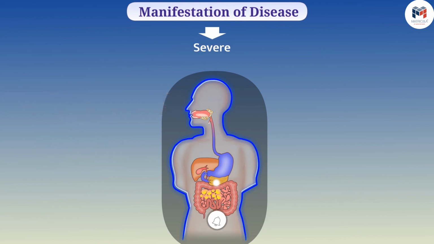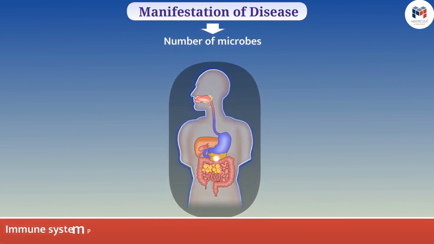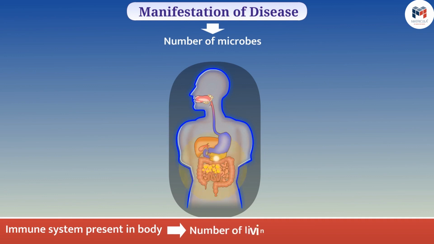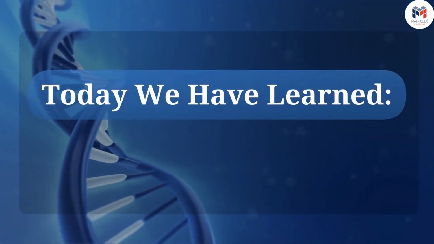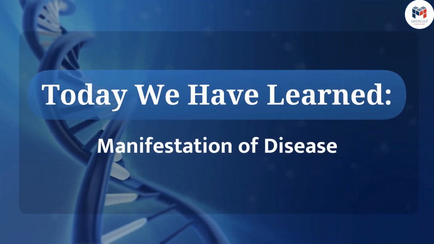Therefore, the severity of disease manifestation depends on the number of microbes in the body, and the immune system present in the body determines the number of living microorganisms inside the body. So today we have learned about manifestation of disease.